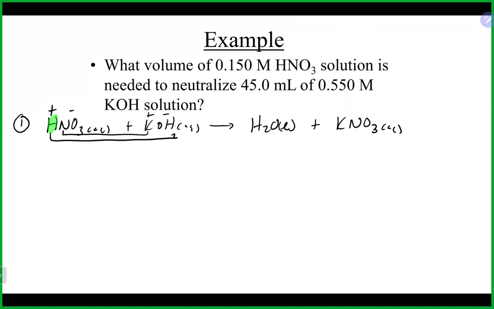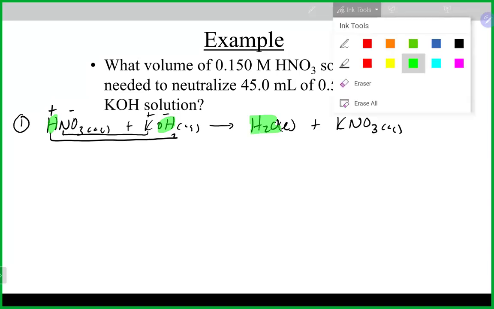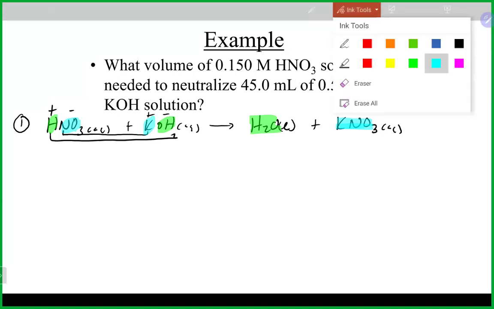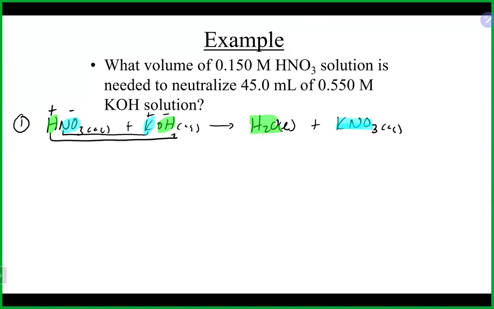Hydrogen from the acid and OH from the base, that is where our water comes from. And our salt comes from the potassium and the nitrate coming together. We do want to make sure it's balanced, and in this particular case, it is balanced.